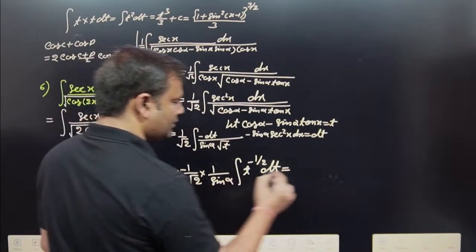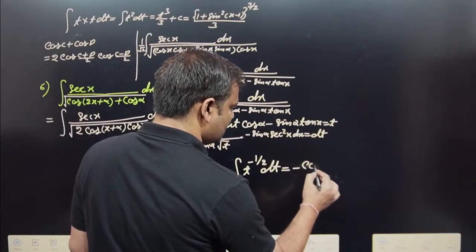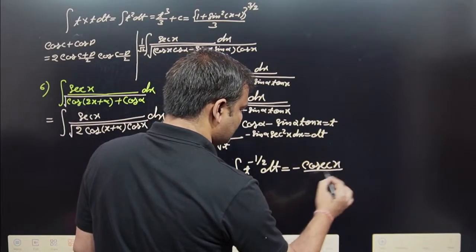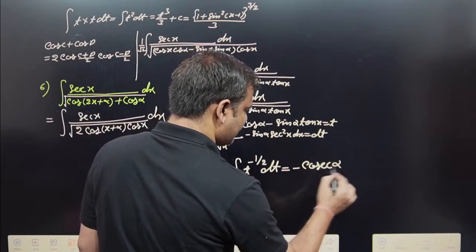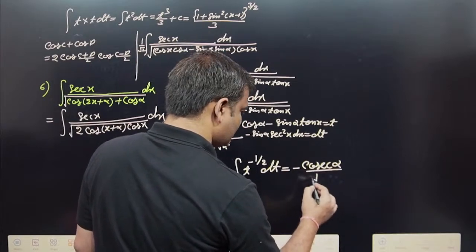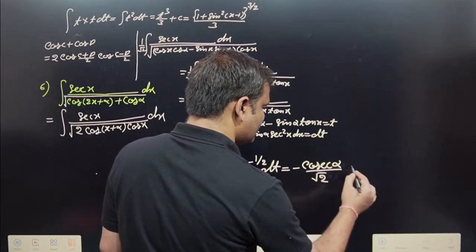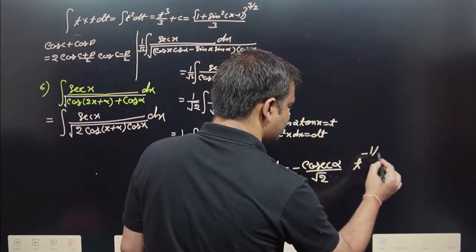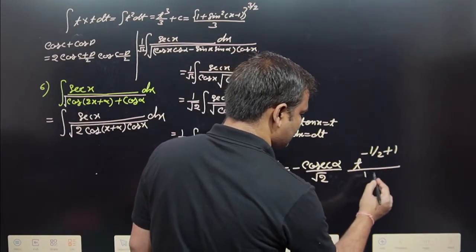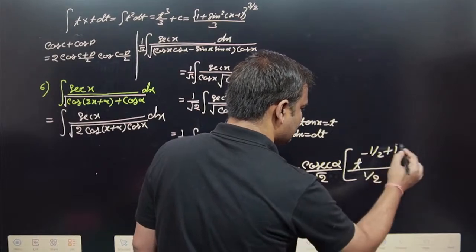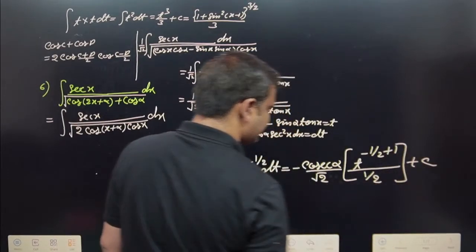So minus cosec alpha by root 2 into t to the power (minus half plus 1) upon (minus half plus 1), that is simply 1 by 2, plus c.